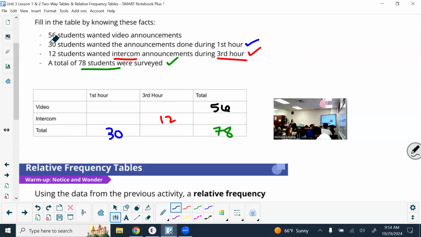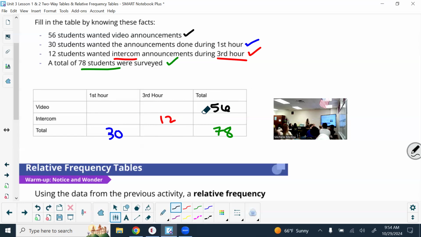Table 6, give me another box that I can fill out. All right, so let's see where it mentions the 56. 56 students wanted video announcements. Said nothing about what hour, so that automatically excludes these columns. So yes, that does go there. So we've exhausted all that they've given us. You still should be able to fill in the whole table using your critical thinking skills.